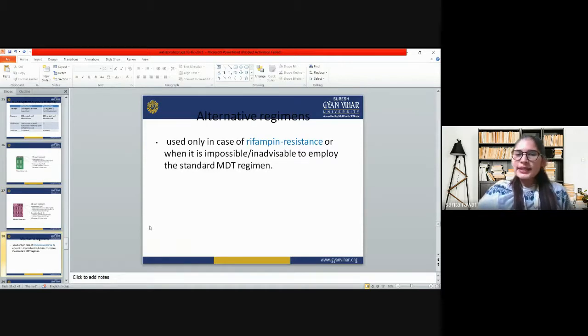Now, the alternative regimen for leprosy is used only in cases of rifampicin resistance or when it is impossible to employ the standard multi-drug treatment regimen.